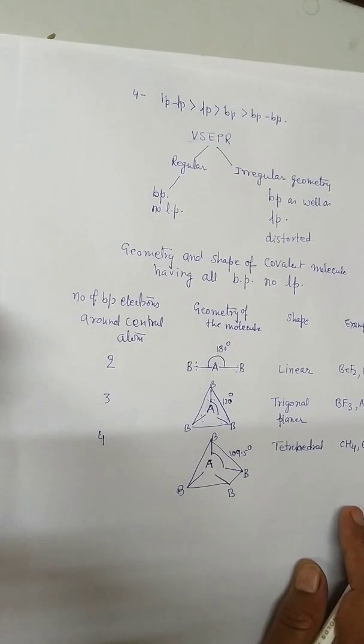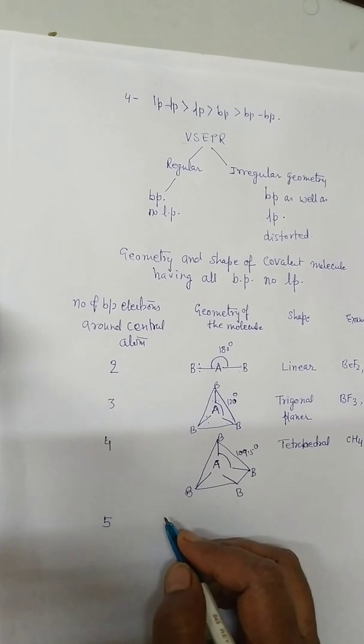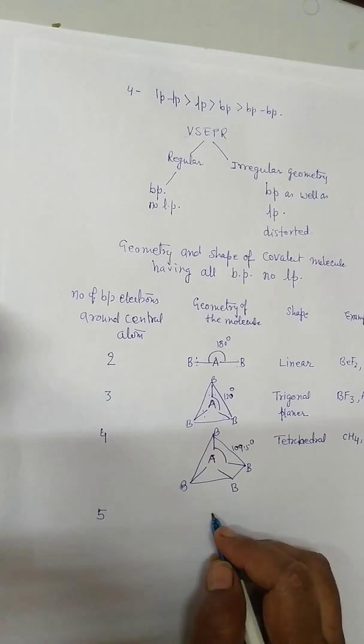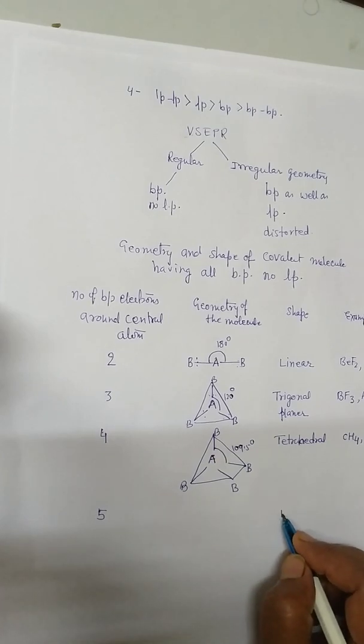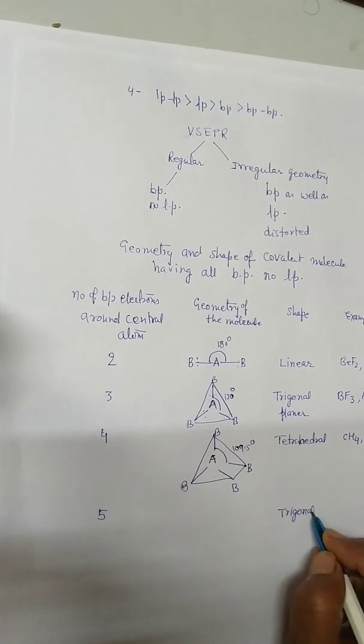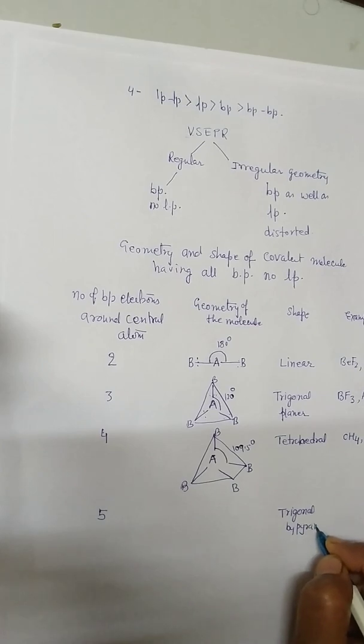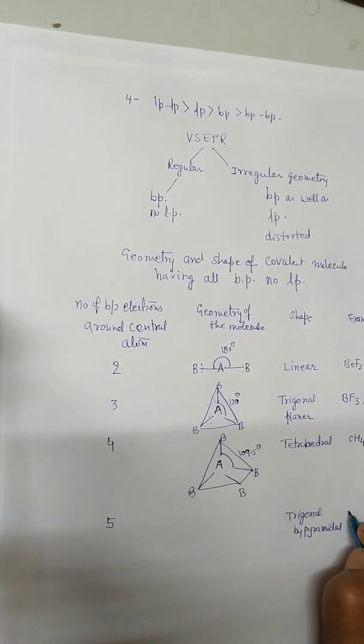When we have 5 bond pairs, no lone pairs, then the geometry will be trigonal bipyramidal. Example is PCl5.